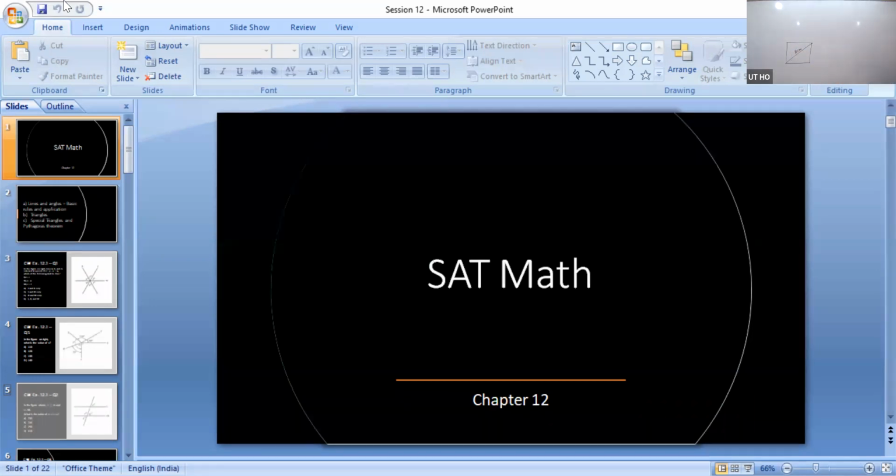Can you find the side of this square? Just find it. What will be the side length of this square? Please try. 4 root 2.